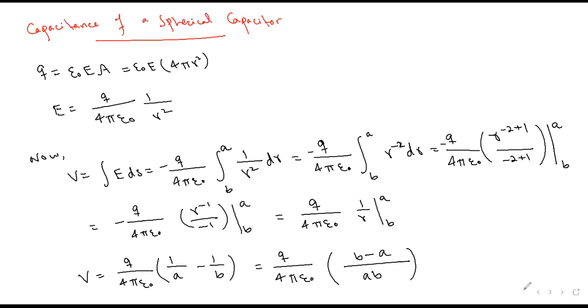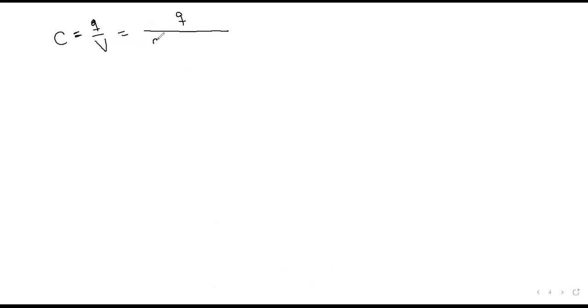Now we know how to calculate capacitance. C is equal to Q by V. So we have Q over 4 pi epsilon naught times b minus a over ab.